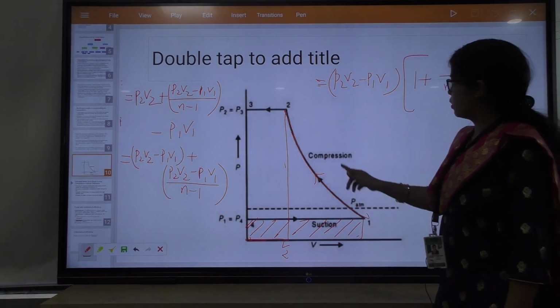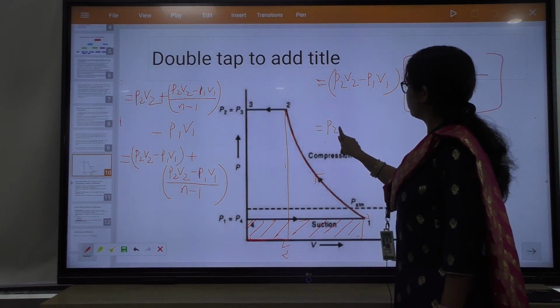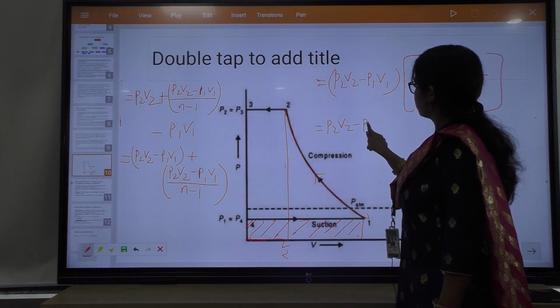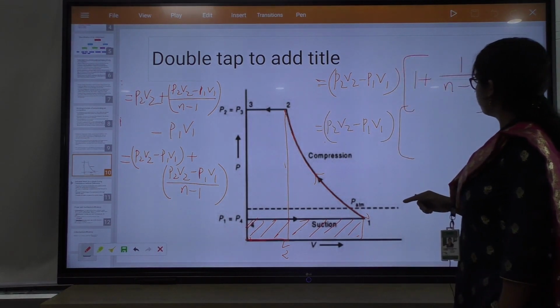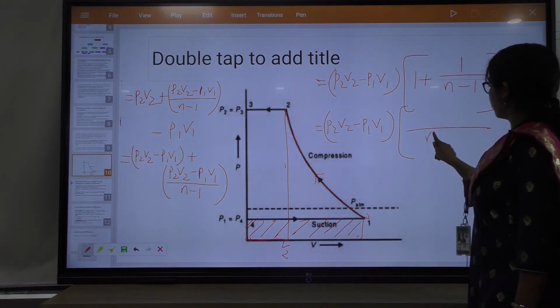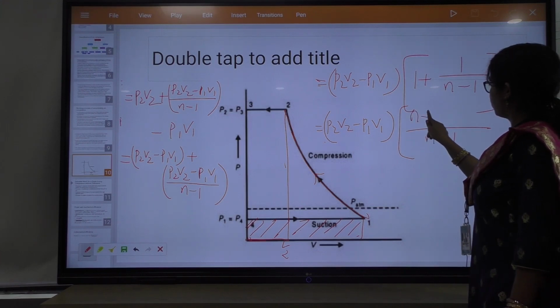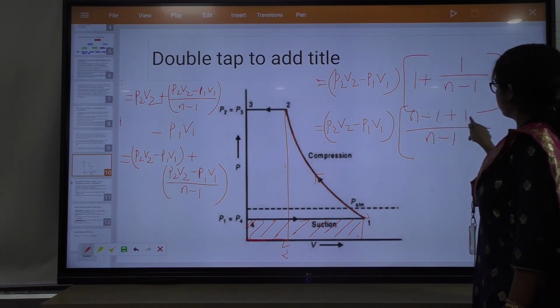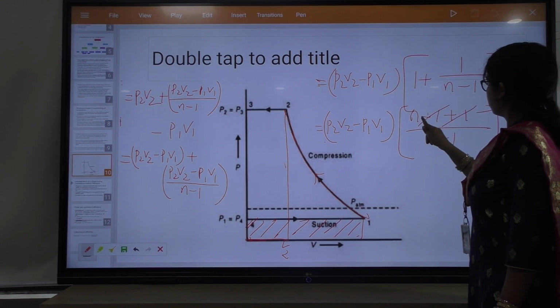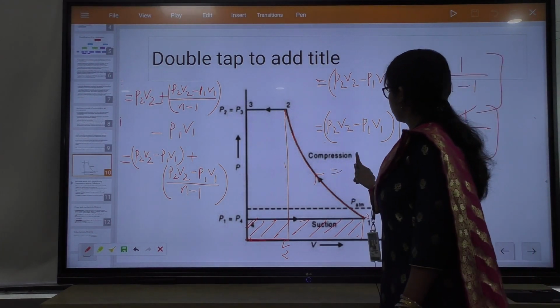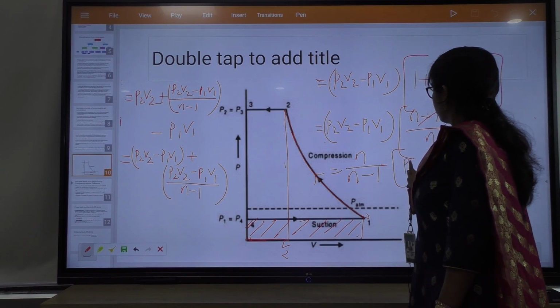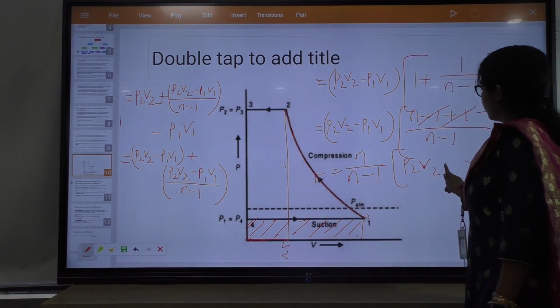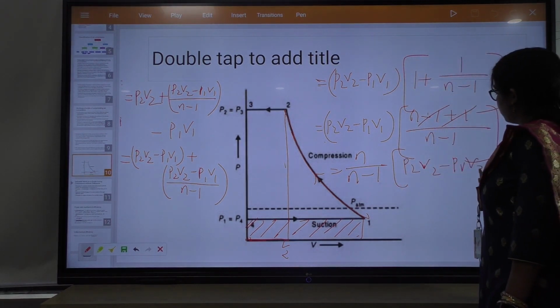Clear? Then what happened? P2 V2 minus P1 V1. I will simplify this by taking LCM n minus 1. So, n minus 1 plus 1 cancelled, that is n by n minus 1 times P2 V2 minus P1 V1.